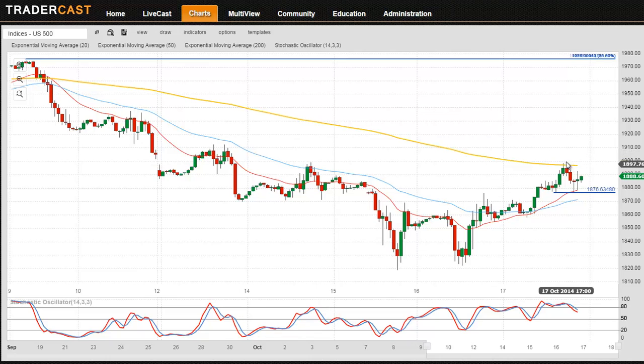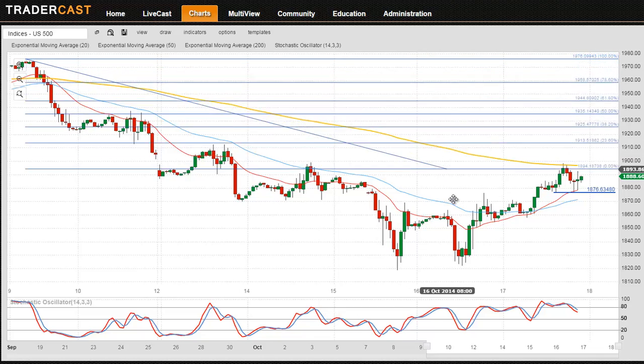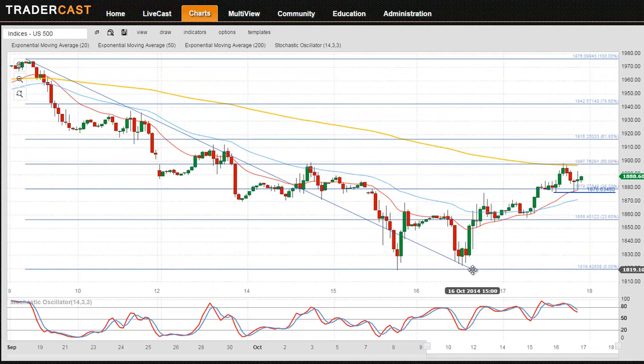So this zone here, 1900 to 1903 to 1906, if the price pushes through that and bulls take control, then potentially we could retest further upside resistance towards 1920 followed by 1940 levels.